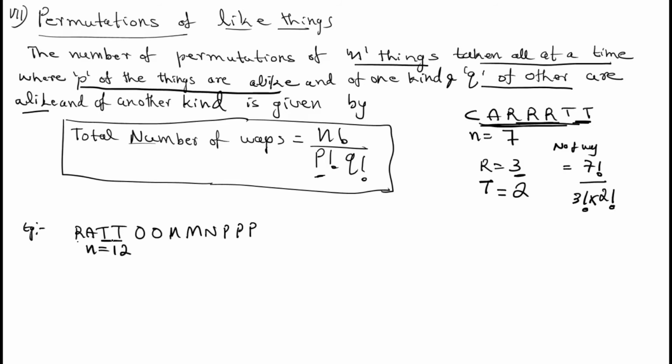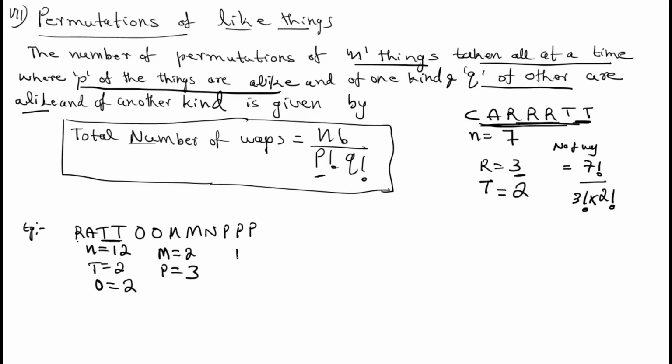Then see how many times T repeats. T repeats 2 times. A only 1 time is there, right? No need to write A equal to 1. If any letter repeats, then only you need to take it for count. T is equal to 2. Then O is equal to 2 times. M is equal to 2 times. N only 1 time is there. P is equal to 3 times.